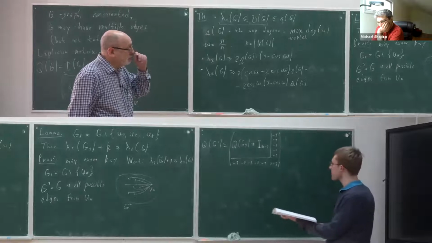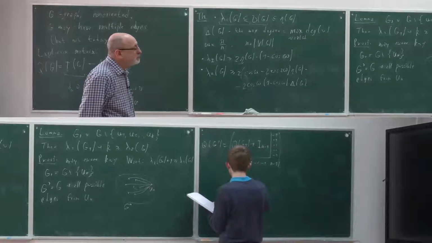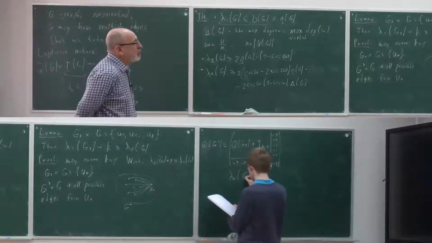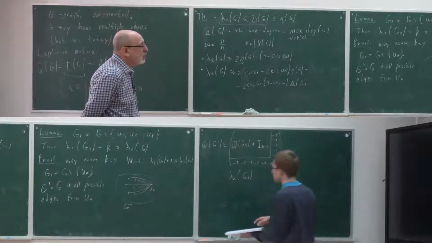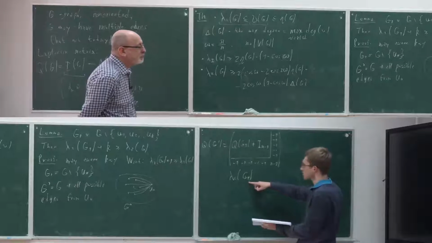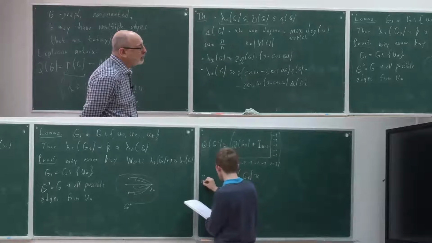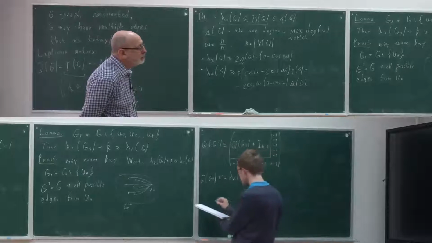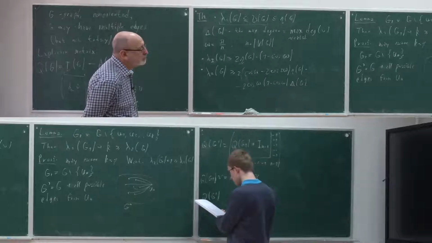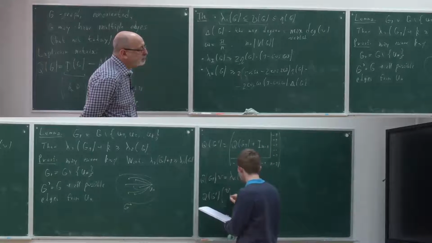Okay. Now assume that we have lambda 2 of graph G1, and suppose we have that V is the eigenvector with such an eigenvalue. So we have the following equality. Then let's see what will happen if I multiply this matrix Q of G prime by the following vector.